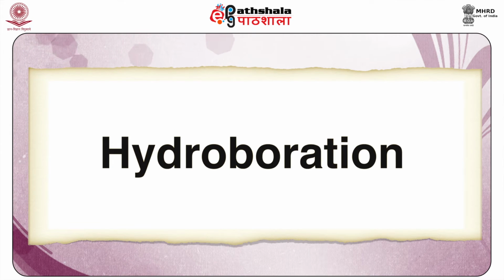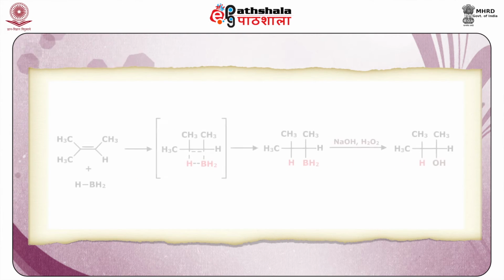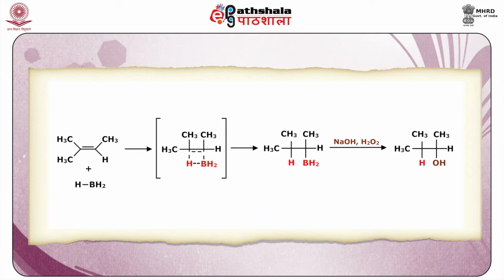Then coming to hydroboration. In hydroboration, it is the borane, which is BH3, or alkyl boranes, that add to the carbon-carbon double bond, and this is a concerted process leading to syn addition.